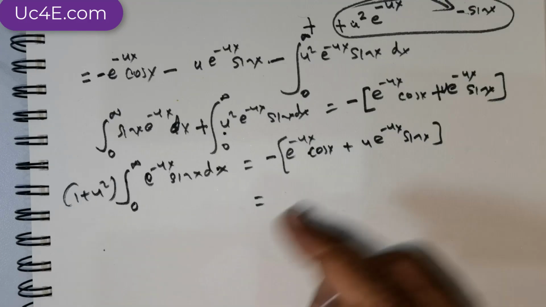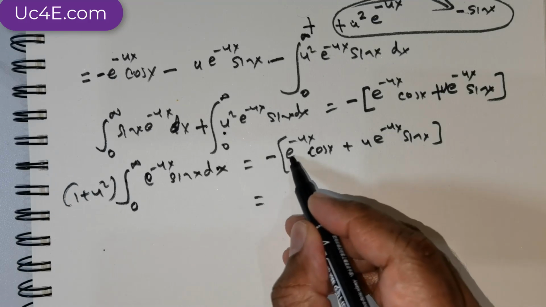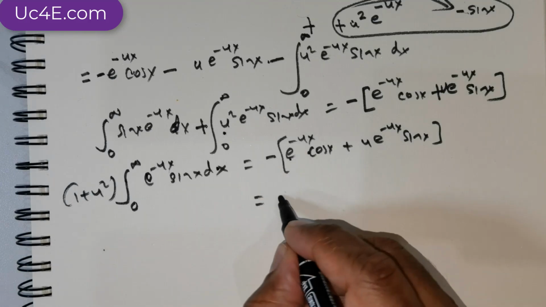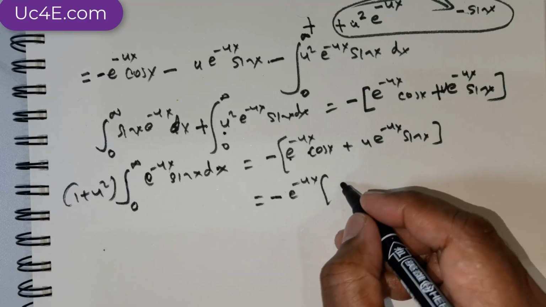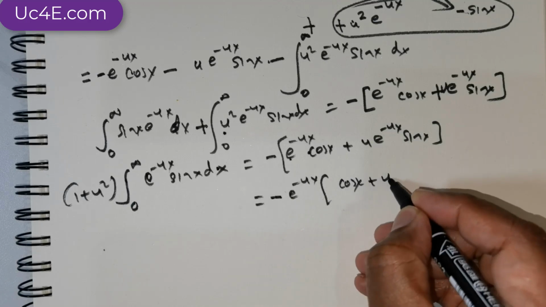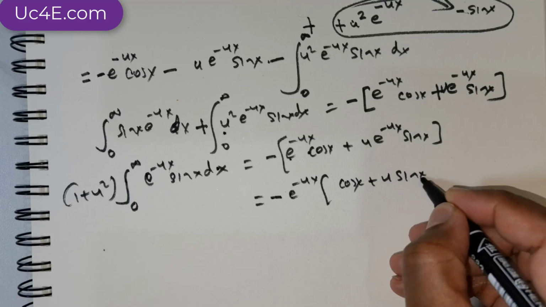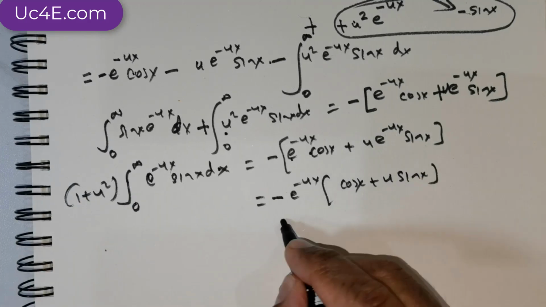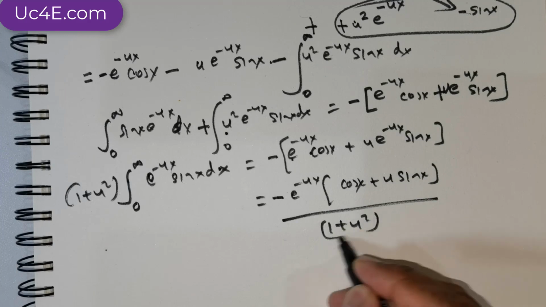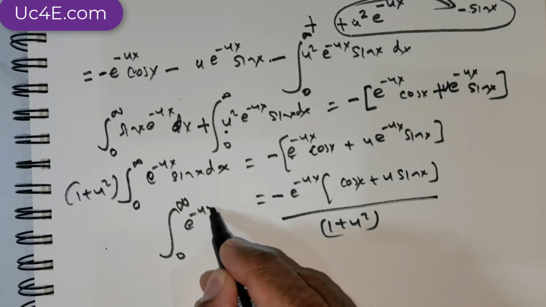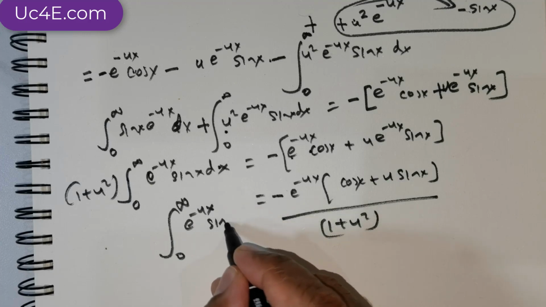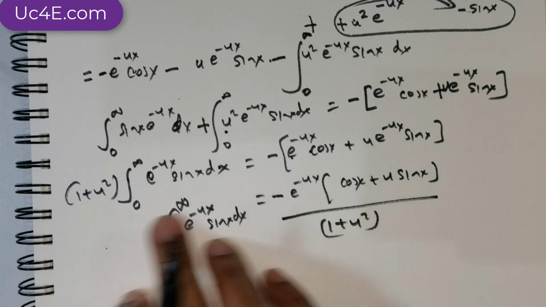So what I wish to do is take e raised to the power of negative ux out, and then write this as cos x plus u times sin x. I can move this down, so this is going to be 1 plus u squared, and on the left I've got 0 to infinity e raised to the power of negative ux times sin x times dx. So this is what I have got.